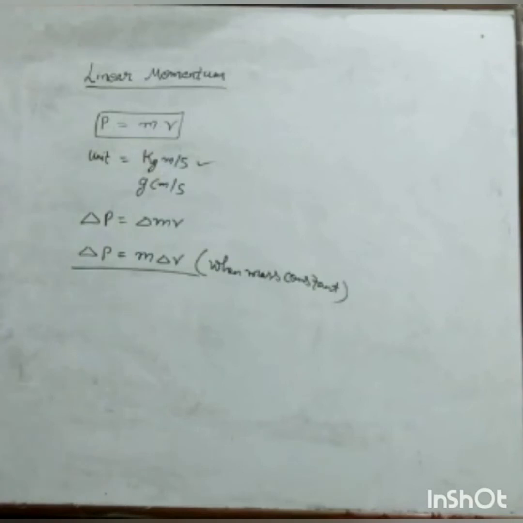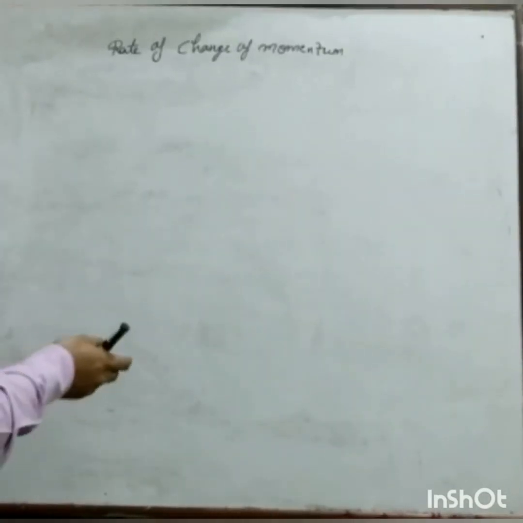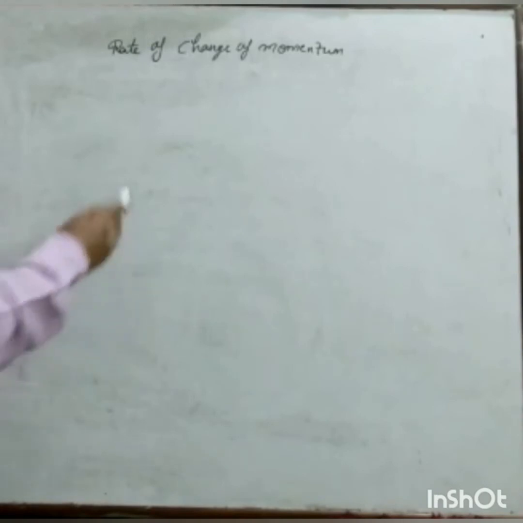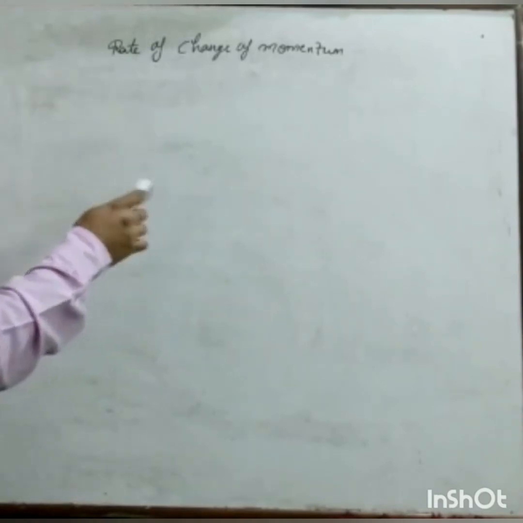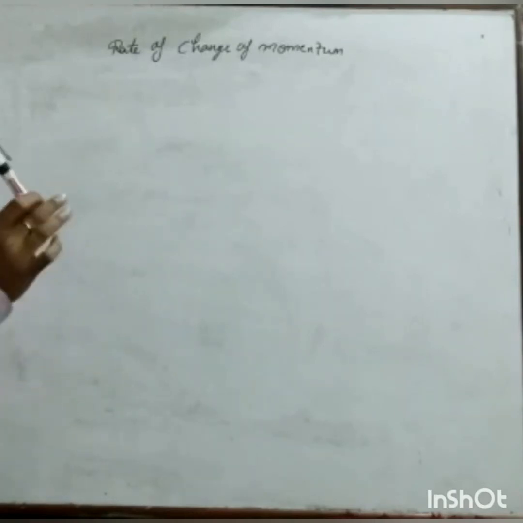So, what is the rate of change of momentum? When a force is applied on a moving body, its velocity changes. Due to change in velocity of a body, its momentum also changes. Let a force F be applied on a body of mass m for time t, due to which its velocity changes from u to v.